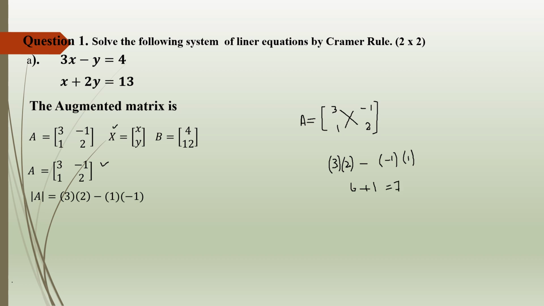So by cross multiplication, 3 multiplied by 2 becomes 6, then minus sign, and then minus 1 multiplied by 1. So after this calculation, the determinant of the matrix is equal to 7.